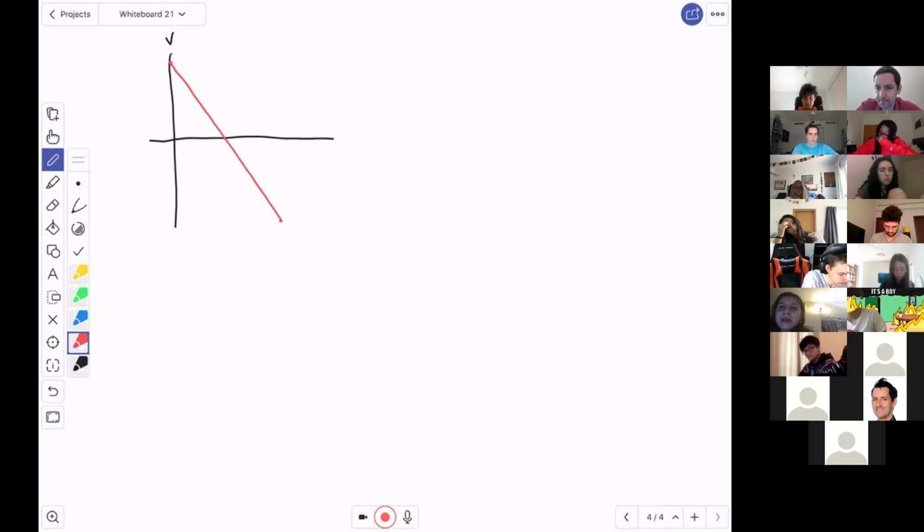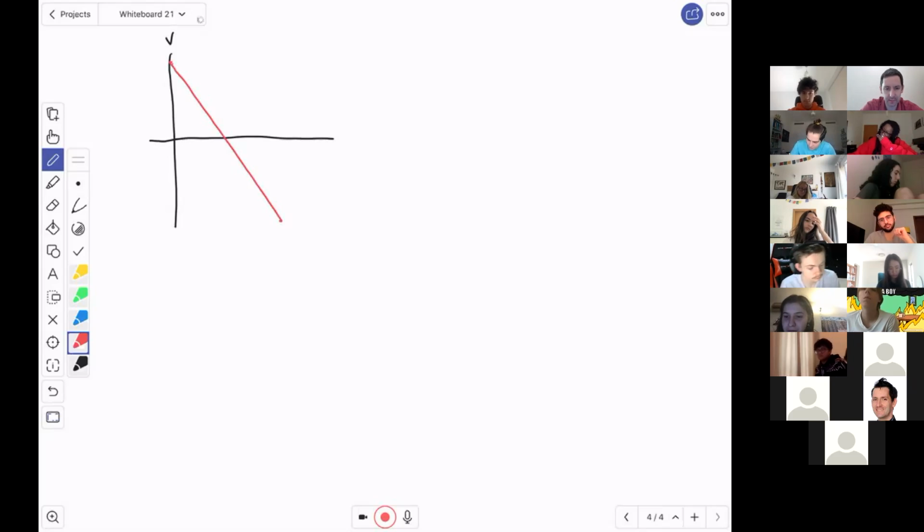Everybody got it? You got 1 minute. Again, we're going to stick with positive is moving to the right, negative is moving to the left, just to simplify. See y'all shortly.